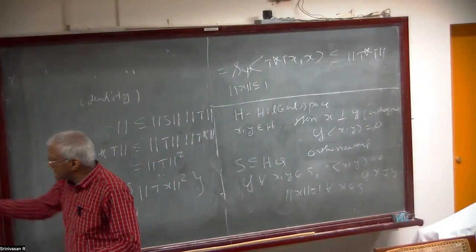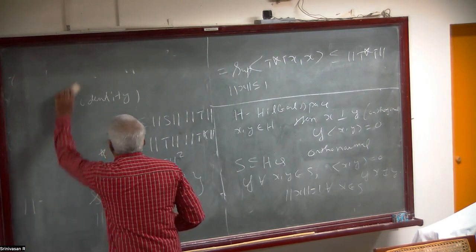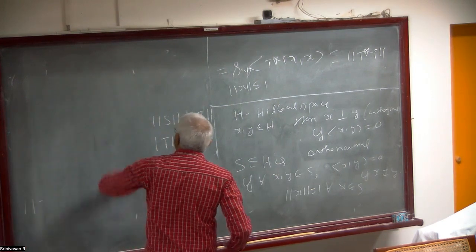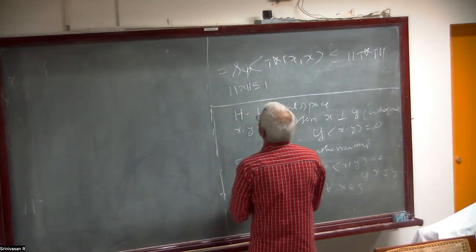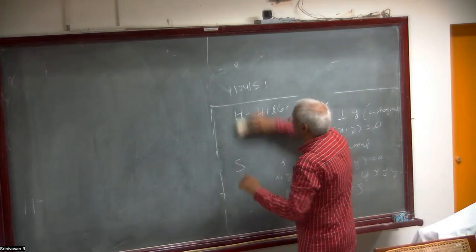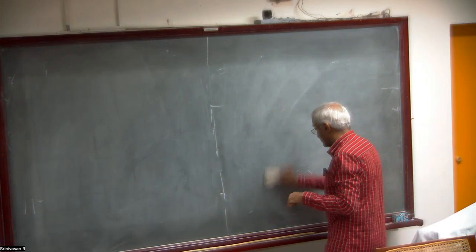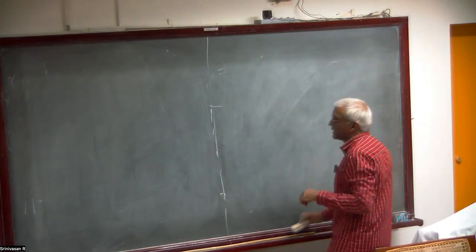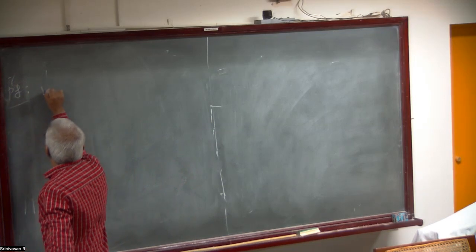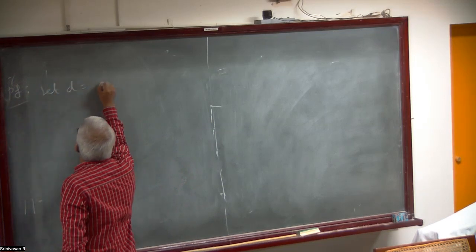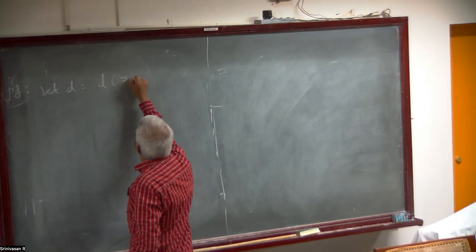See, if K is a compact set, this is clear, right? So, let the number d be equal to d(y, K).